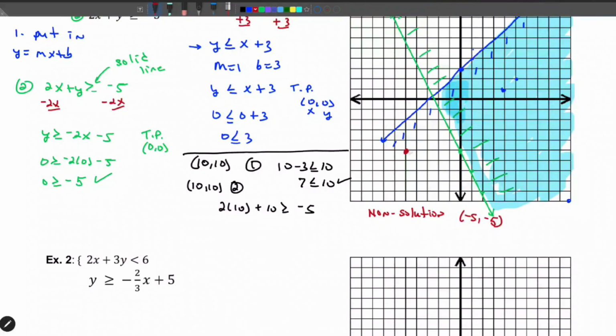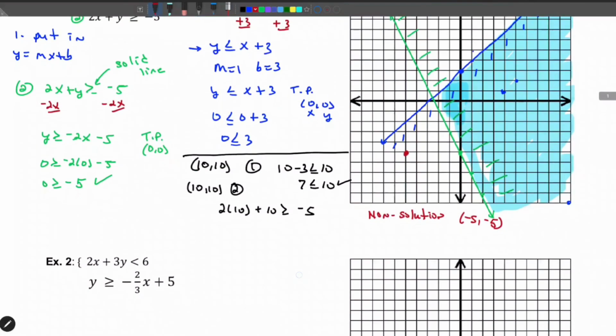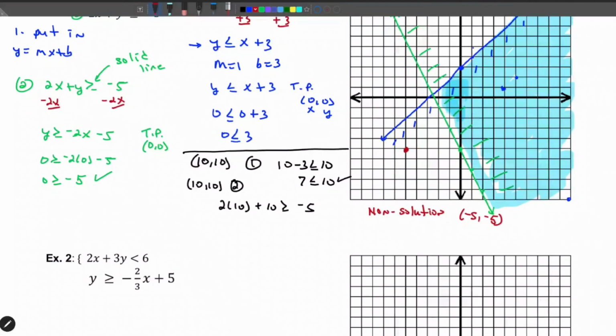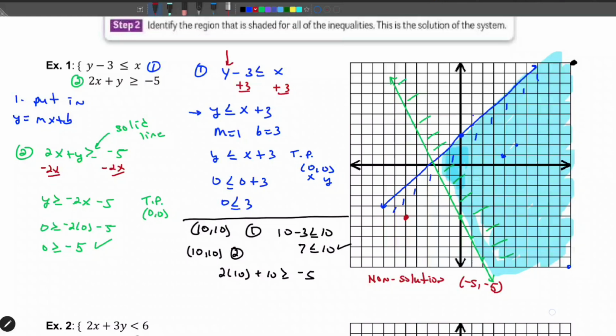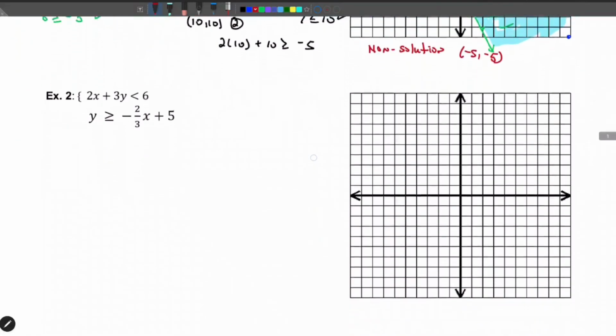Now, -5, -5, my coordinate point would work for my blue line. That would work for y is less than or equal to x plus 3, but it doesn't work for my green line, so it's not a solution, right? I could pick any coordinate point I want. That's one. I'll let you pick one.